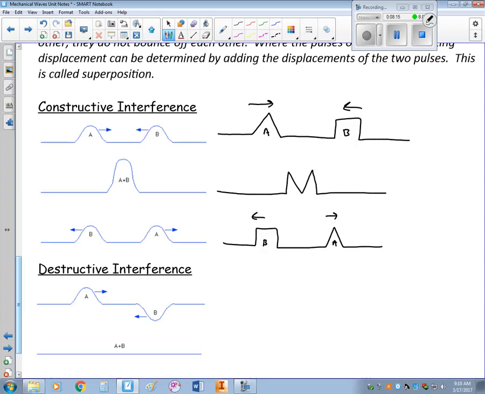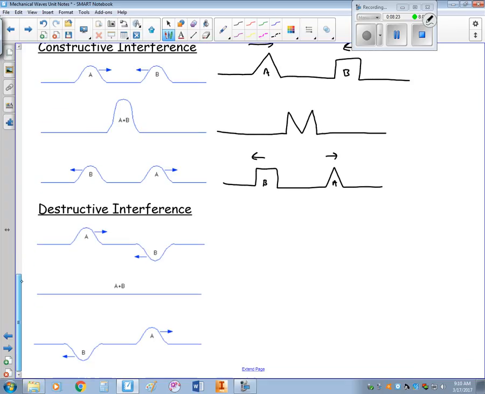When those 2 interact with each other. And there's all kinds of other geometry we can take a look at. So again, this is constructive interference.